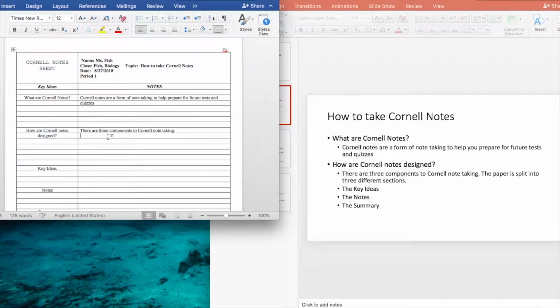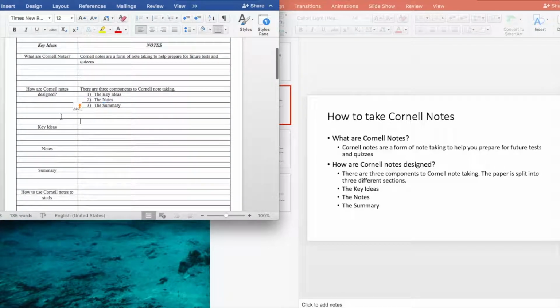And those 3 components, I'm going to go ahead and number them, are the key ideas, the notes, and finally the summary. Alright, so now we're going to go through and talk about each of these components.